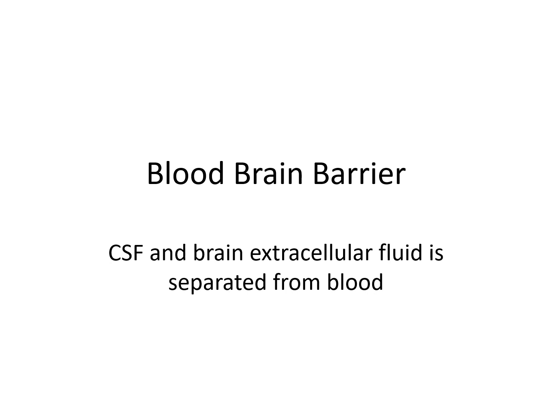Another protective function or protective structure is the blood-brain barrier. As its name says, the blood is separated from the brain. So the cerebrospinal fluid and the brain extracellular fluid have a barrier from the blood. How does it do this?